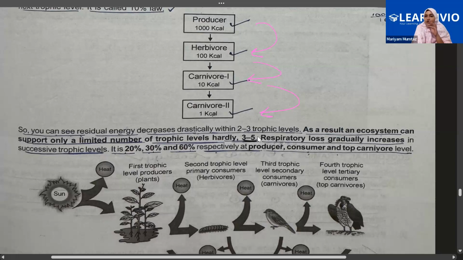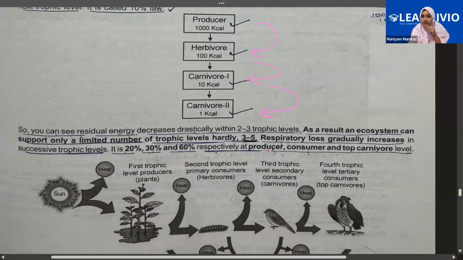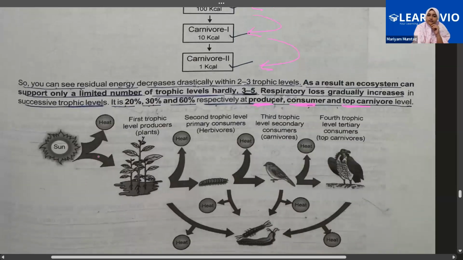Not more than 3 to 5 trophic levels can be there. Respiratory loss gradually increases in successive trophic levels, meaning the respiratory loss is going to increase when we move from a lower trophic level to a higher trophic level. It is 20%, 30%, and 60% respectively at the producer level, consumer level, and the top carnivore level. Any doubts up until now, students?